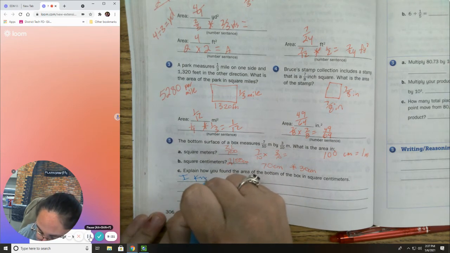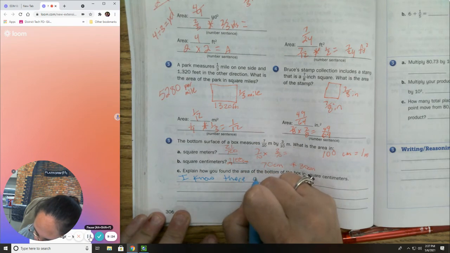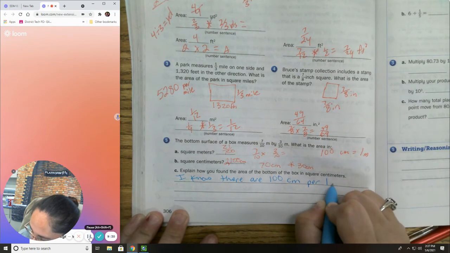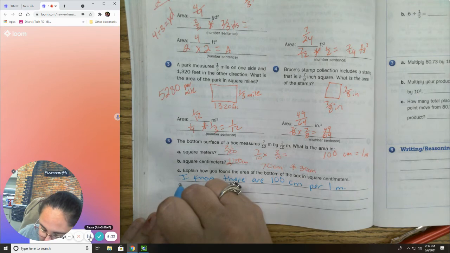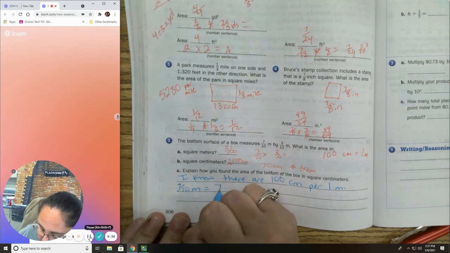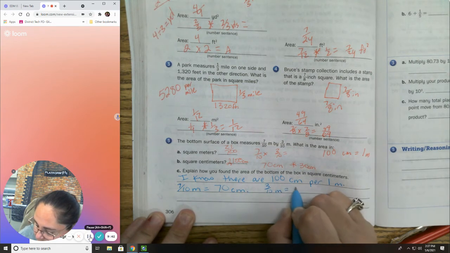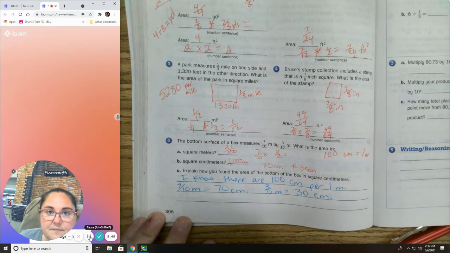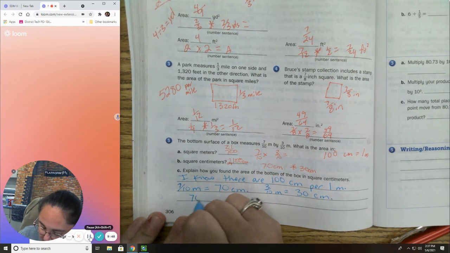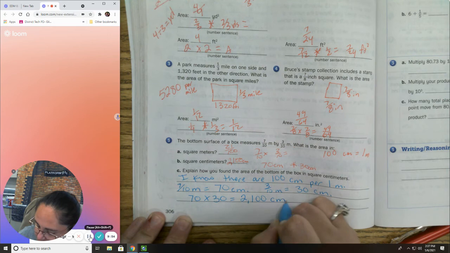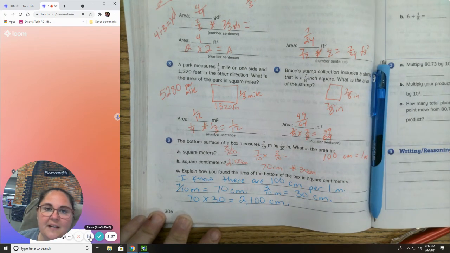I know there are 100 centimeters per 1 meter. 7/10 of a meter equals 70 centimeters. 3/10 of a meter equals 30 centimeters. 70 times 30 equals 2,100 square centimeters. That would be your explanation. It shows me how you converted it, it shows me how you multiplied, and it shows your final answer.